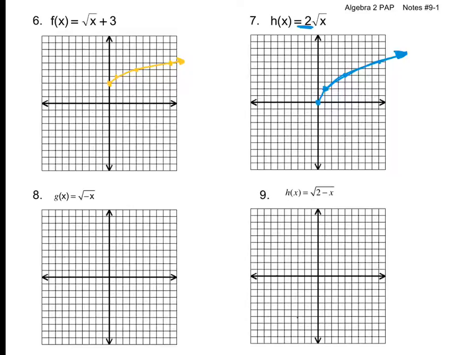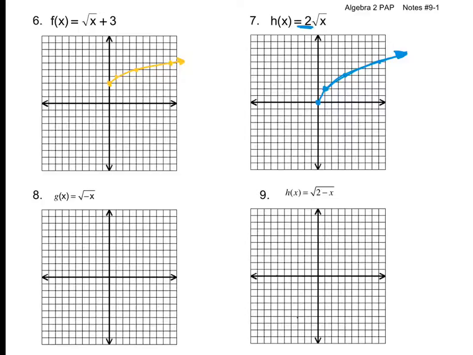Now these last ones are something that's different. When the negative is inside the square root, that is a reflection over the y-axis. Outside the square root reflects over the x. So in other words, there's no left, right, up, or down shift.